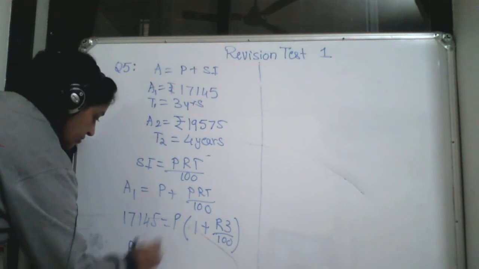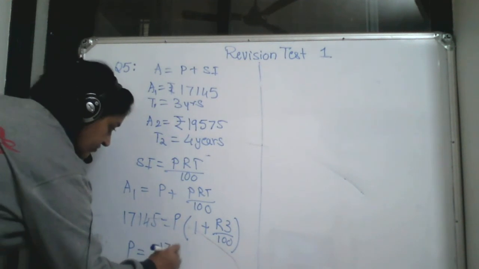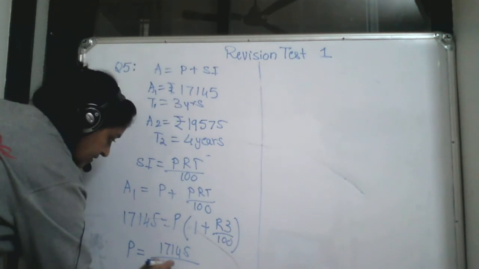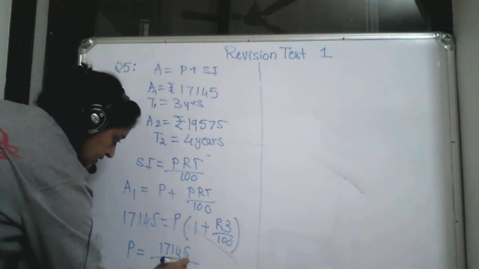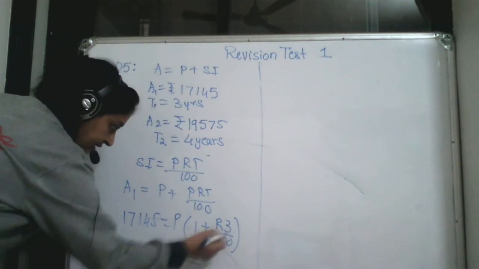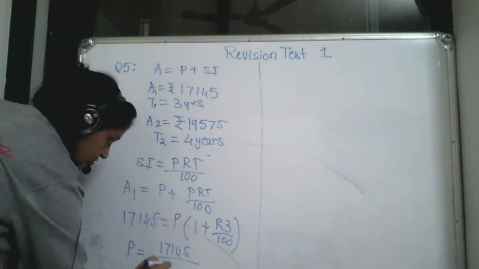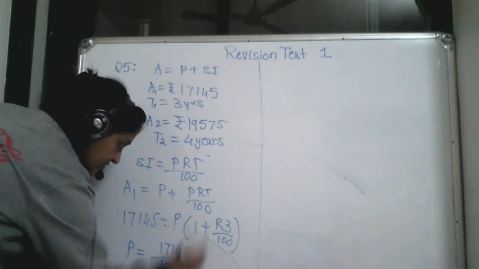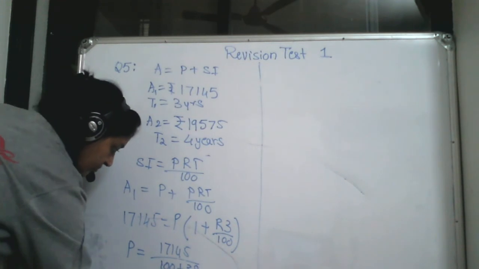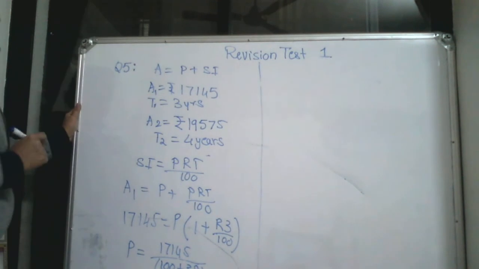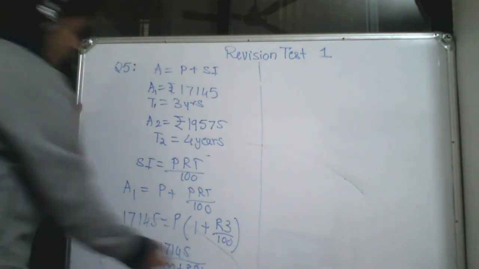P is equal to 17145 whole divided by this one, 100 plus 3R, or R3 or 3R, it's one and the same, upon 100. So this is below, this is the denominator.